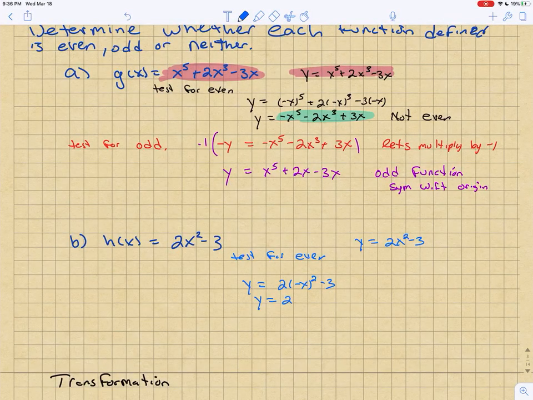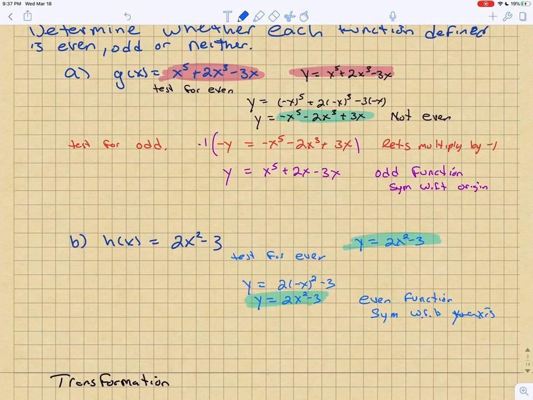Y is equal to 2. When I take minus x and I square it, I get x squared minus 3. And that, my friends, is the original equation. Therefore, it's an even function. And by the way, not only is it an even function, it is symmetric with respect to the y-axis.